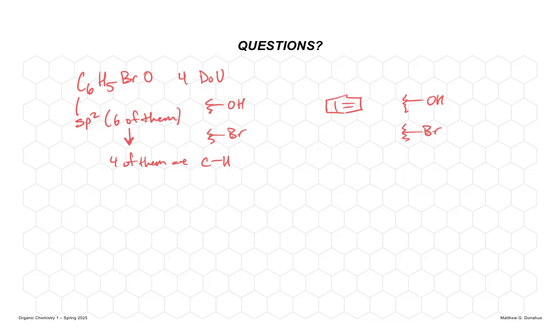So again, we're going to plug those fragments onto the ring. So I'm going to call that a 1-2 relationship. I'm going to keep the OH constant.